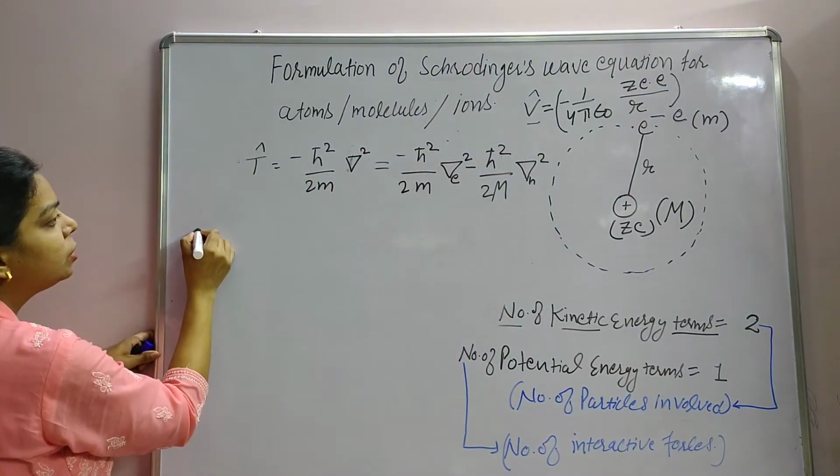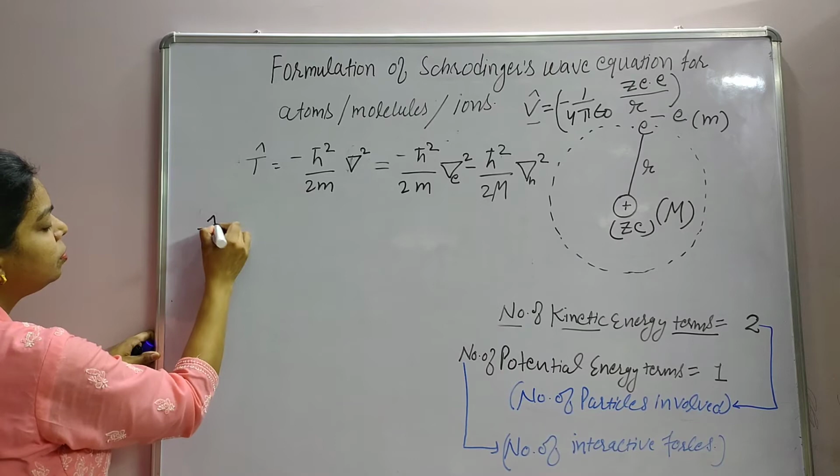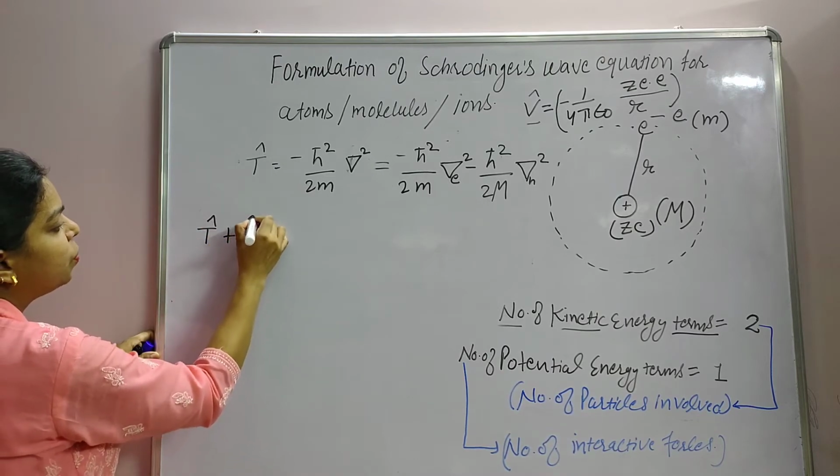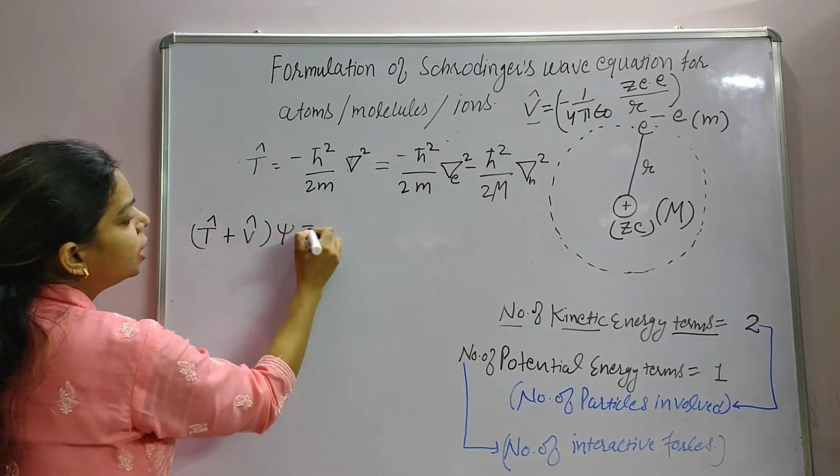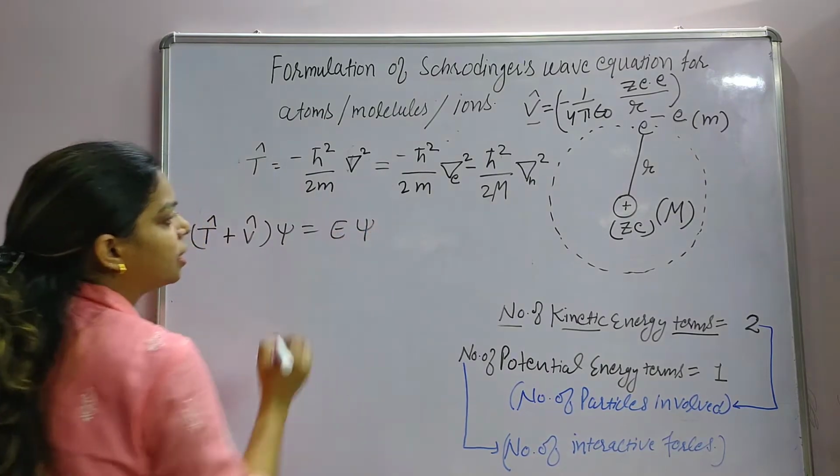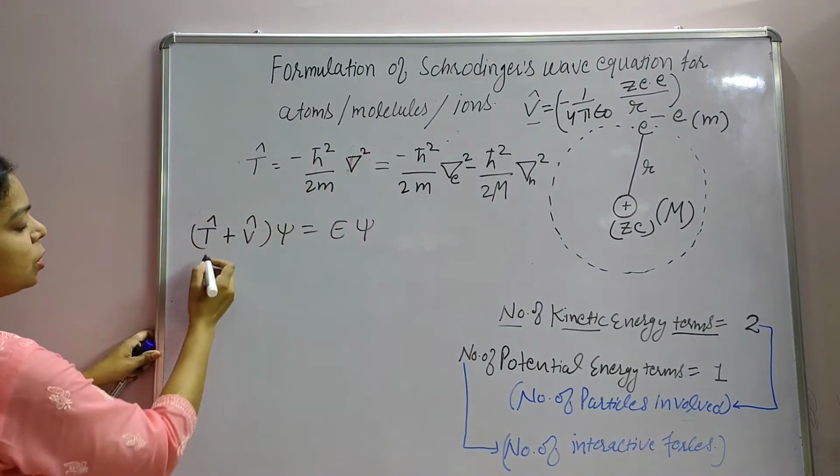Hence the equation becomes, we have T plus V psi is equal to E psi. Substitute all these values.